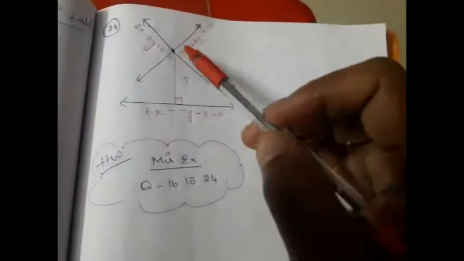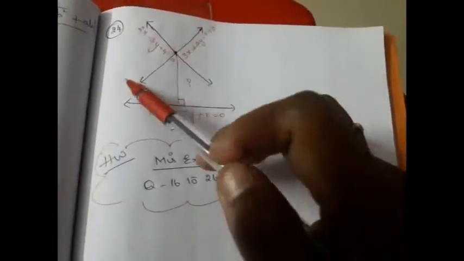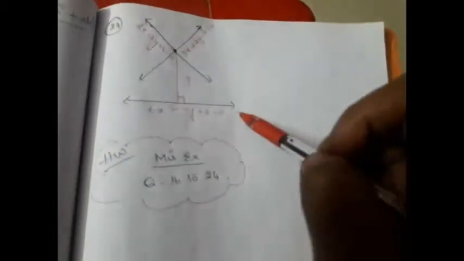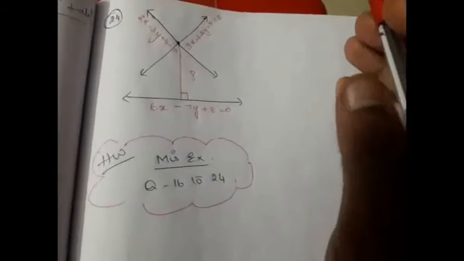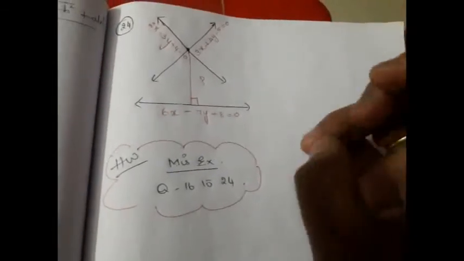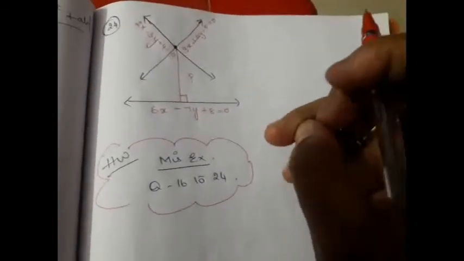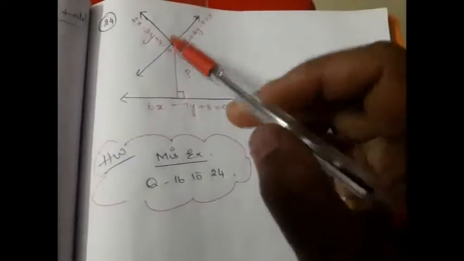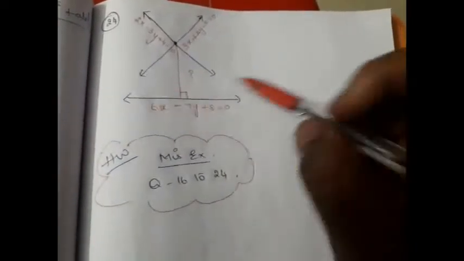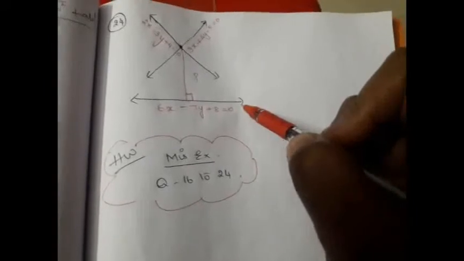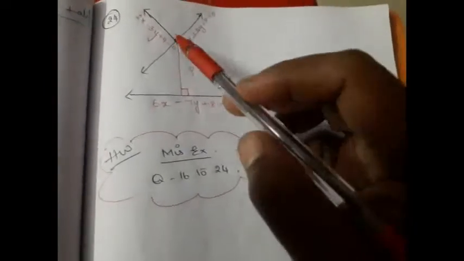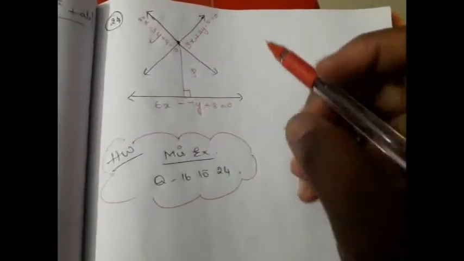I repeat, a person is standing at the junction of two straight lines. He needs to reach this line in the least time. We know which is the least distance: the perpendicular height, right? So if he travels in the perpendicular path, he can reach the line in the least time. So we need to find the equation of this perpendicular.